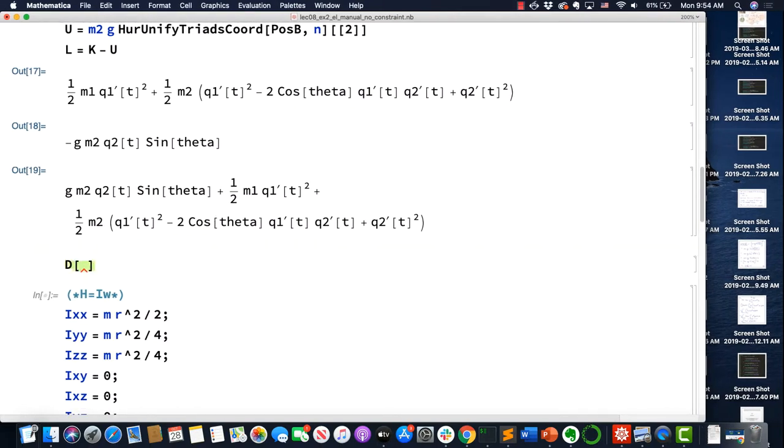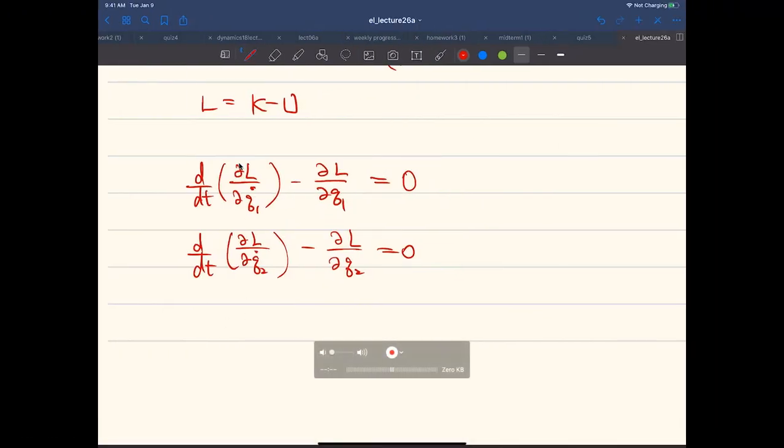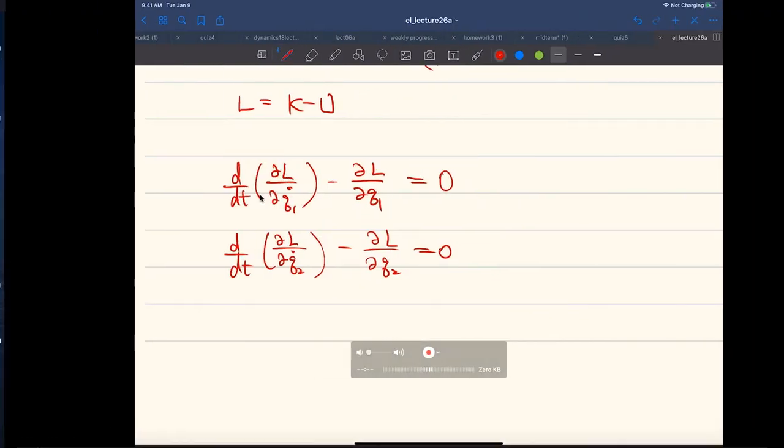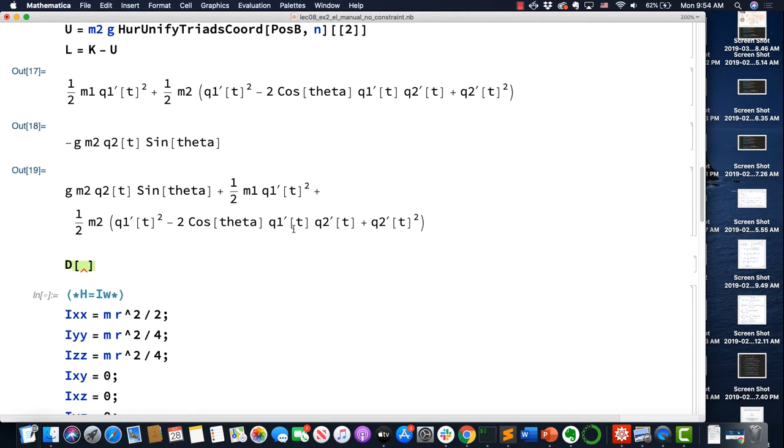First, you define round L, round Q1 dot. So we differentiate L with respect to Q1 dot. And then we differentiate this whole thing with respect to time.